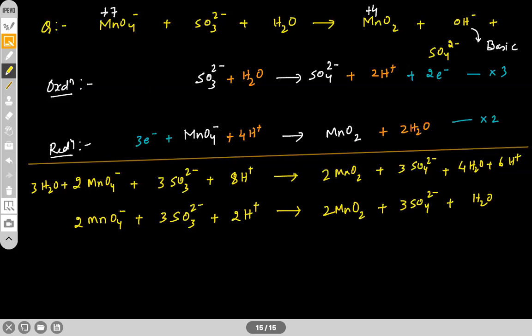Now, you want to convert this into basic medium. So the number of H plus that you are getting, equal number of OH minus you add, and you cannot add on only one side. In that case, the reaction will be unbalanced. So this side also as well as this side, 2 OH minus.